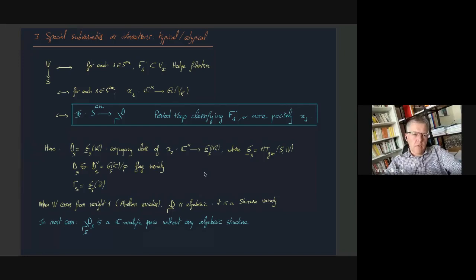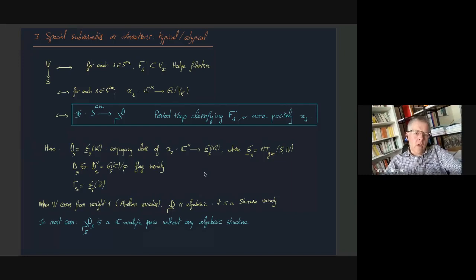Well, first, this will be a complex analytic map because the Hodge filtration has a remarkable property to vary holomorphically. Okay? And it will take values in what? Well, if you argue locally, it takes values in some flag variety, right?